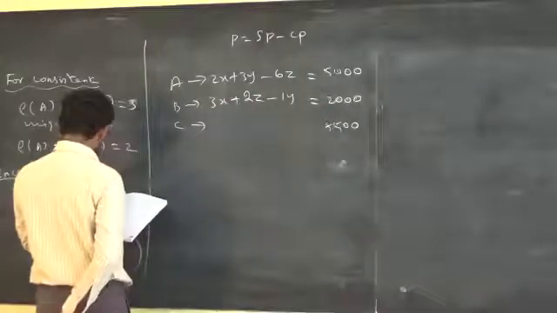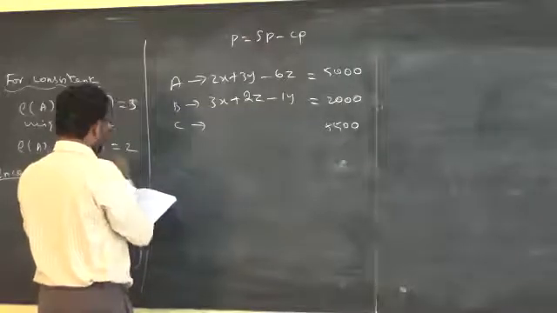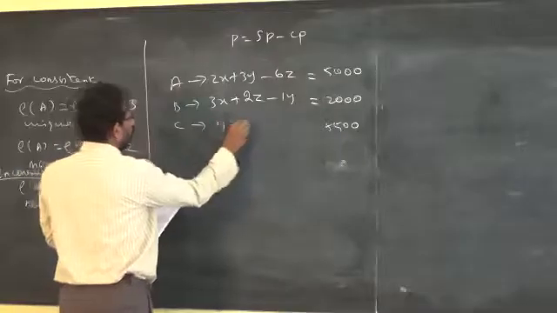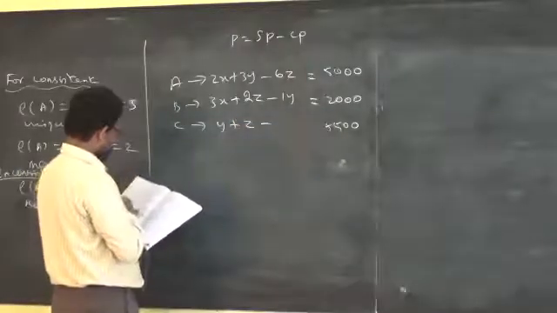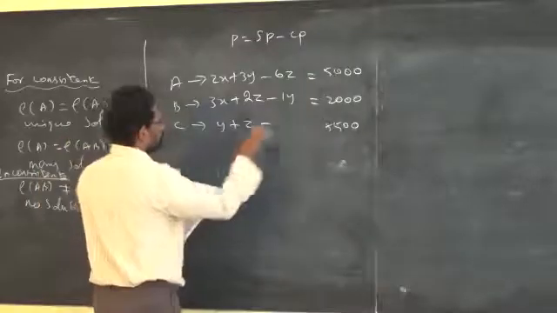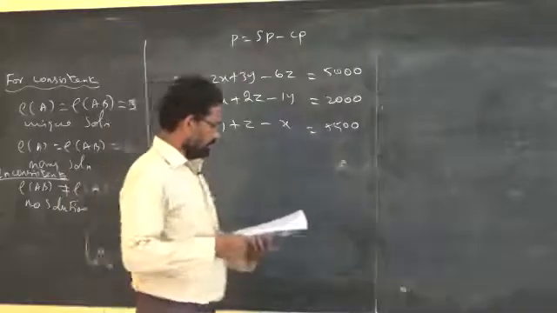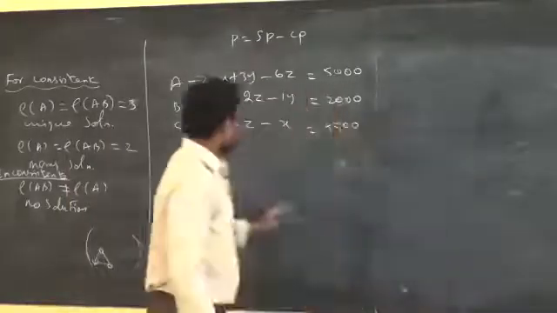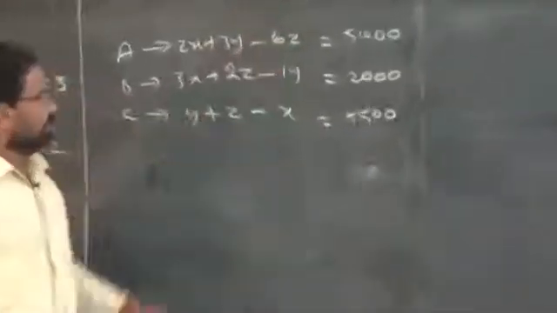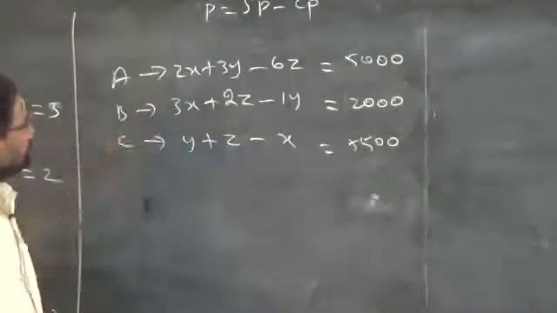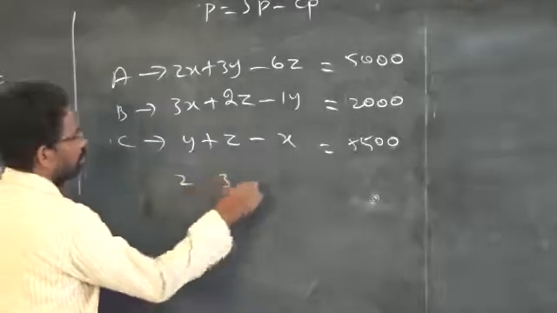Then Amit sells 1 unit of Y and 1 unit of Z, and purchased 1 unit of X. The earning amount is 5,500. Now I have brought the statement into equation format. After that, you can rewrite it in matrix format.